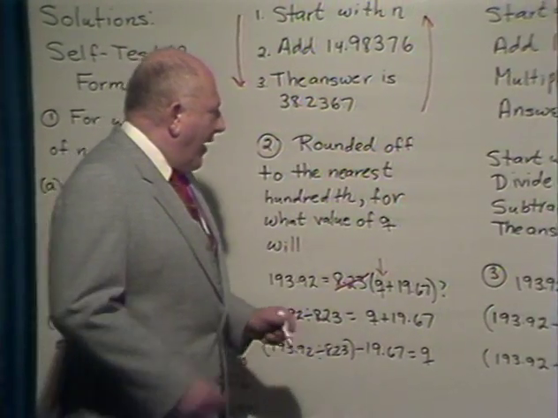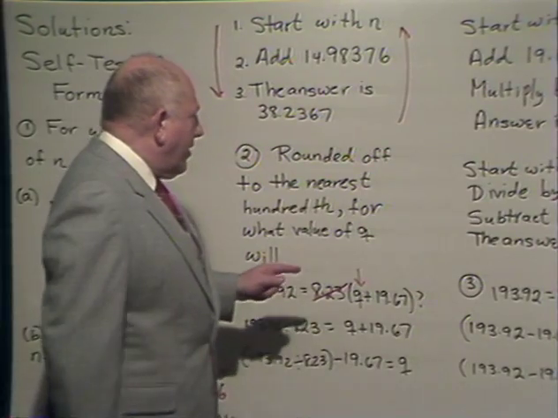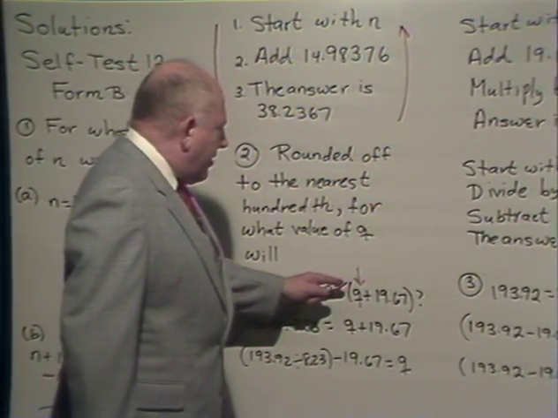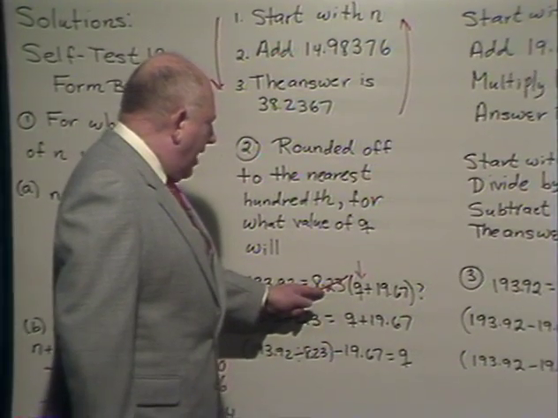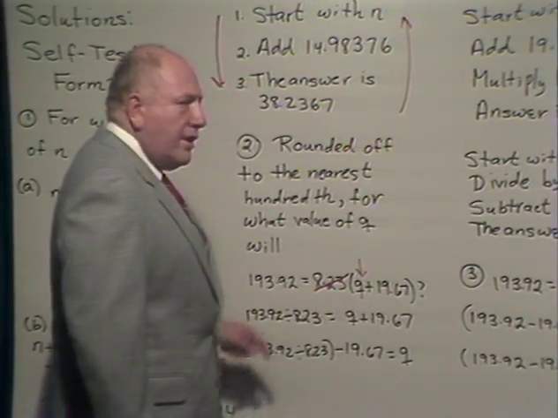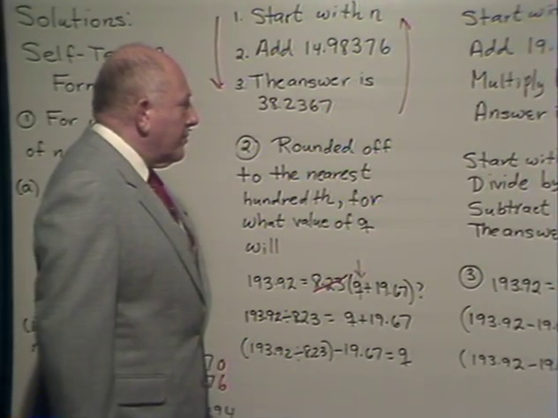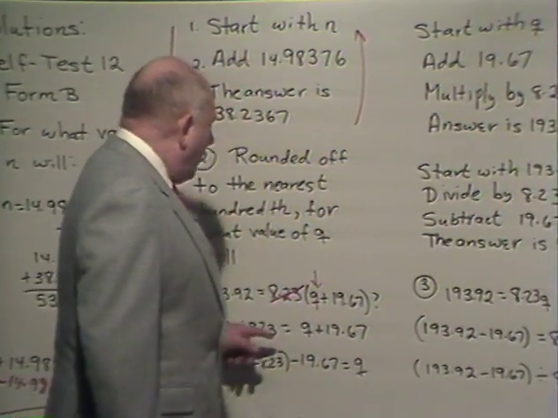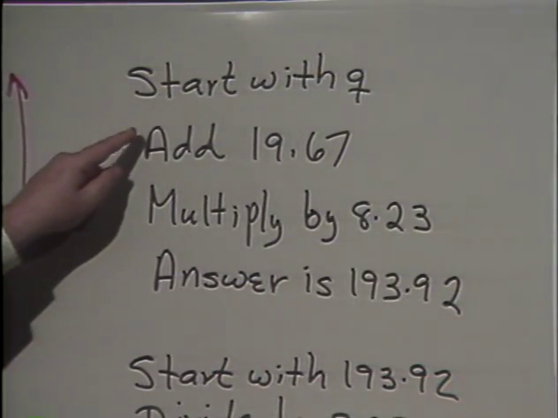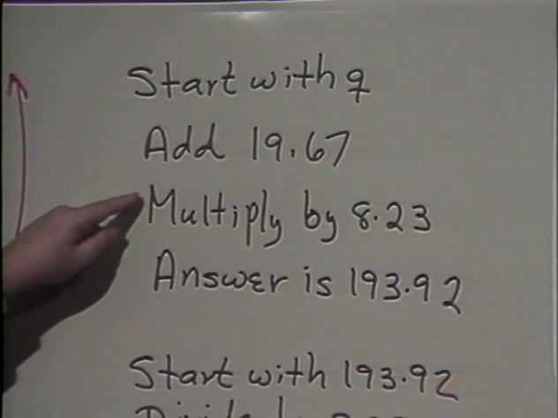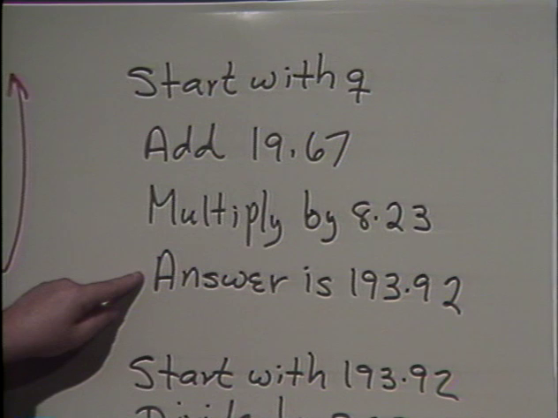And again, if I were to do that in verbal form, let's summarize it. I start with q, I add 19.67, I multiply by 8.23, and I'm told the answer is 193.92.